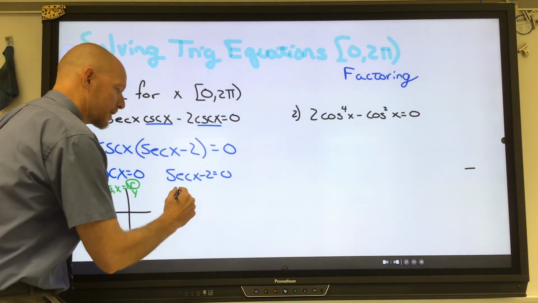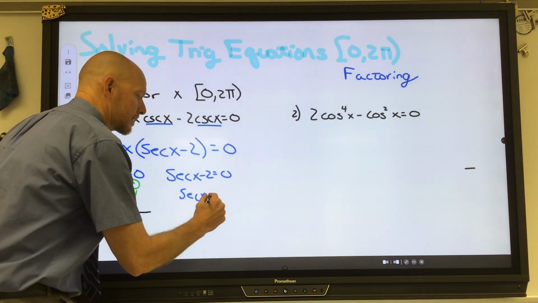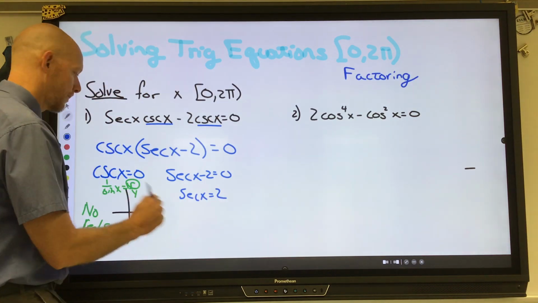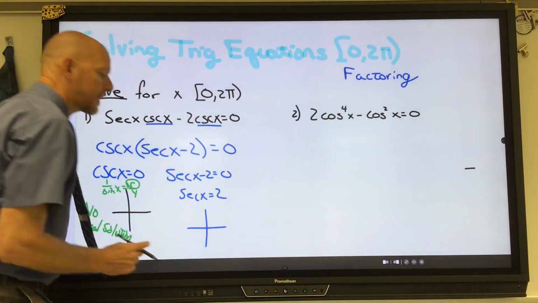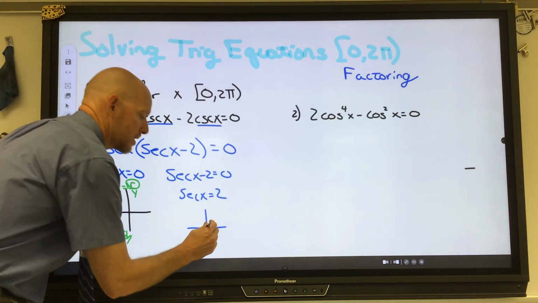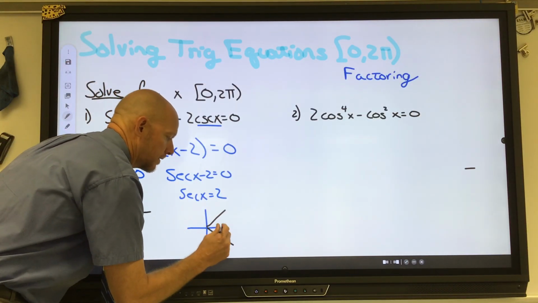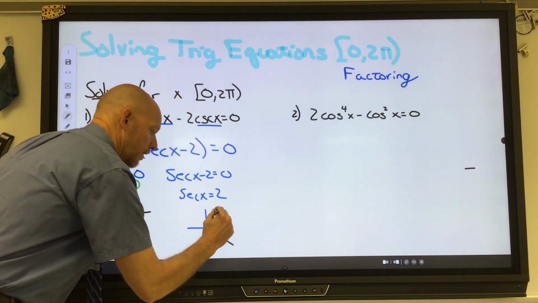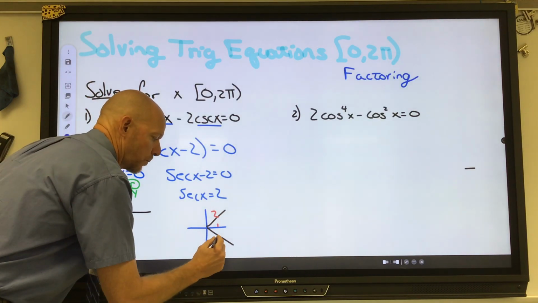So I don't have to worry about that first one. In the second expression, I get secant x equals 2. Secant is the reciprocal of cosine, which is our x-coordinate. So x is positive here and here. I know that r is 2 and x is 1.